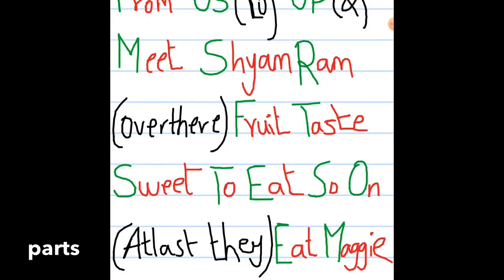So, this is the story. You can fly directly from US to UP and meet Shyam, Ram over there. Fruit tastes sweet to eat, and so on. At last, they eat Maggie as a tasty snack.